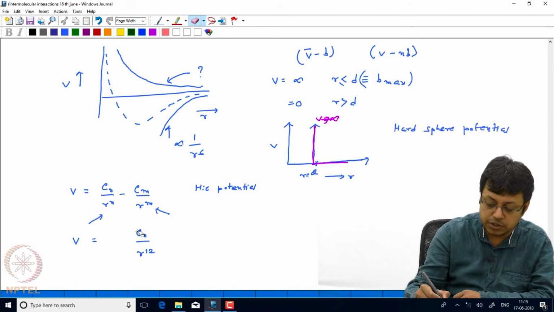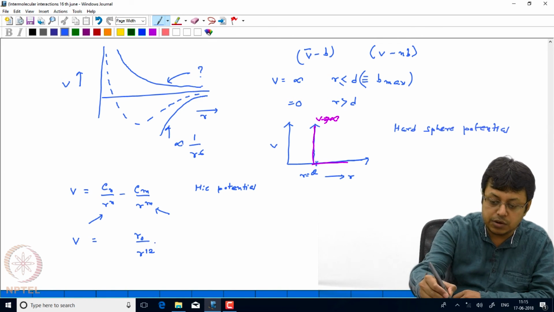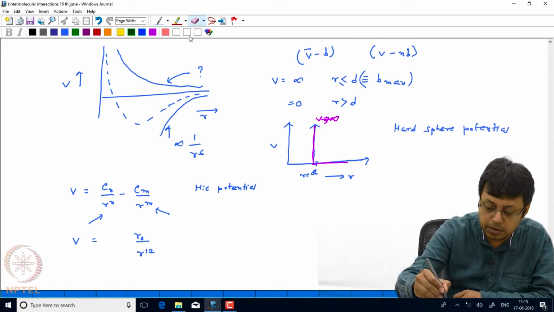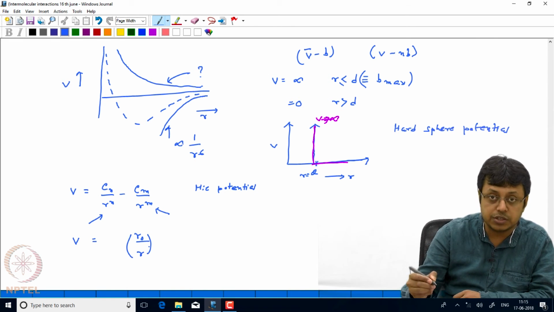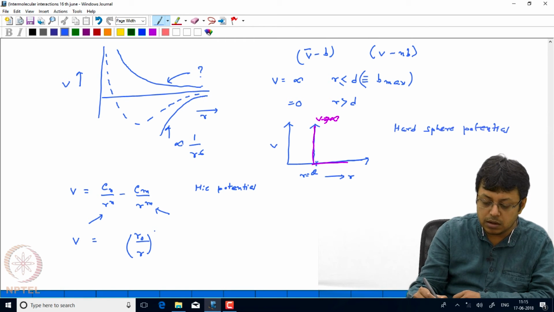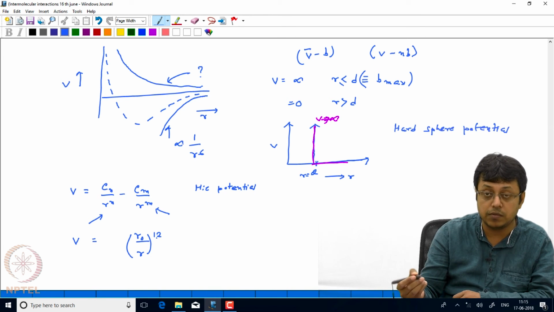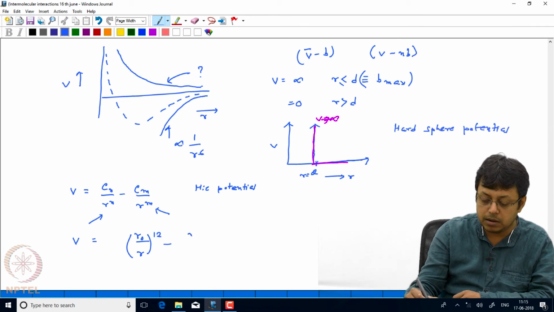So, instead of c notation, we just write it in r notation, as r0 over r to the power 12. What is r0? r0 is the distance at which the two potentials cancel each other, that is, the zero of the potential. This is the repulsive part, going as 1 over r to the power 12, and the attractive part is modeled as 1 over r to the power 6.